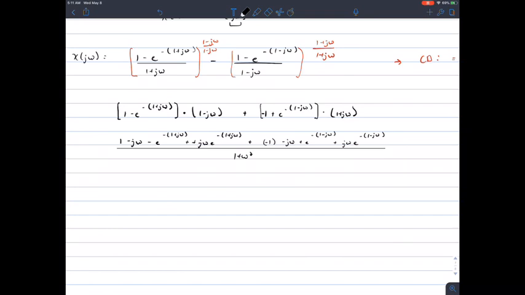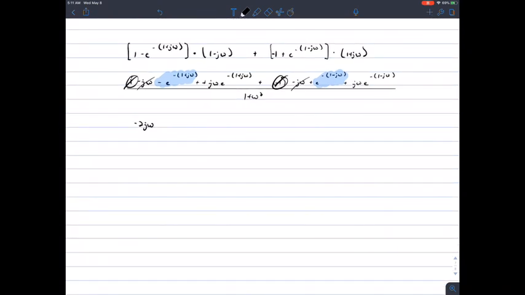Alright, so this time the ones are going to cancel. The j omegas are just going to turn into negative 2 j omega. Okay, that cancels, and then we can group these and these. That's going to turn into a sine function, but I'm not going to just throw it out on you.